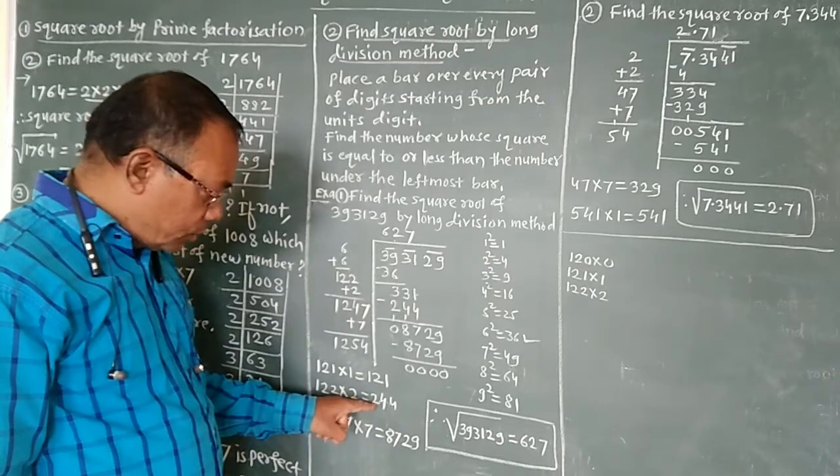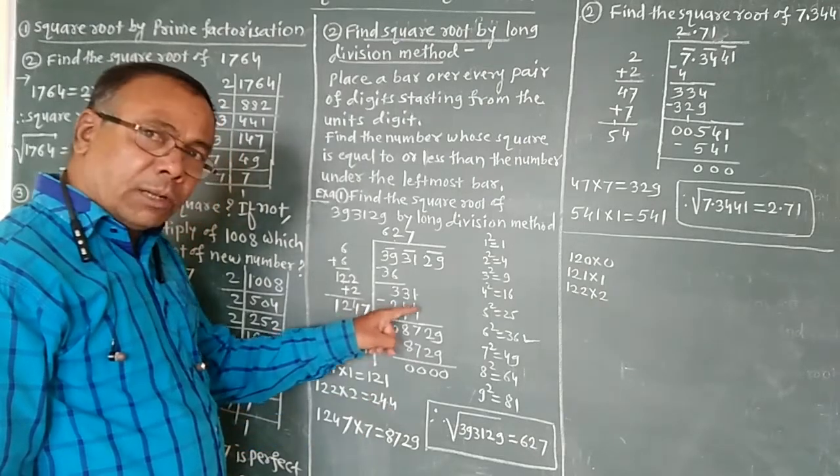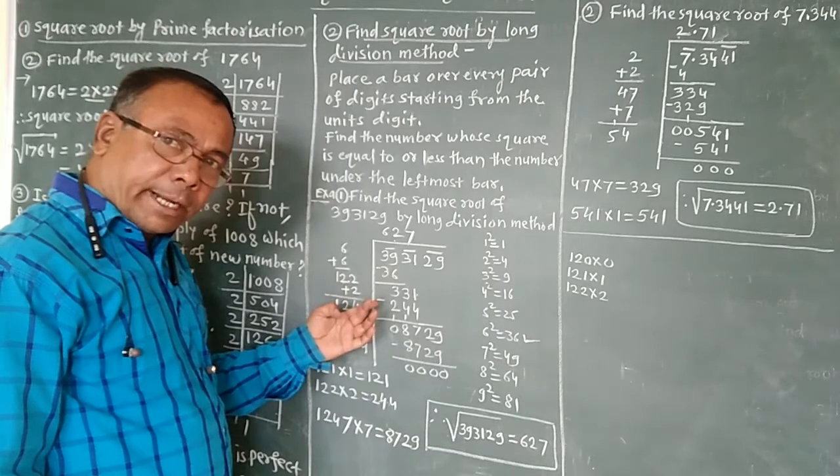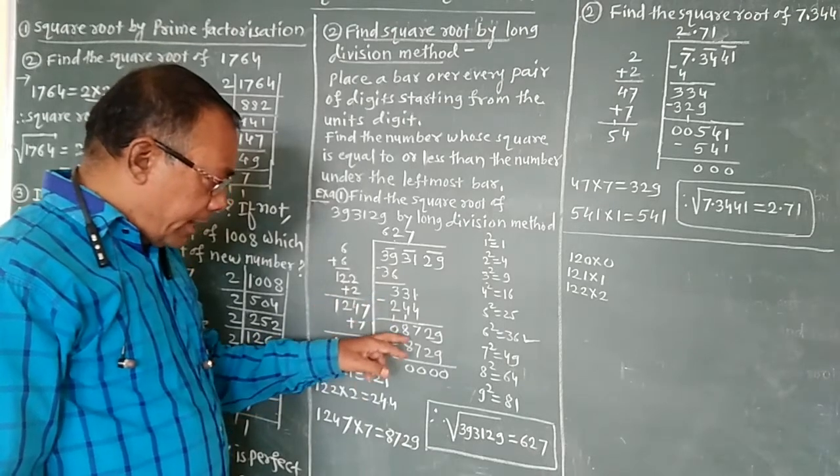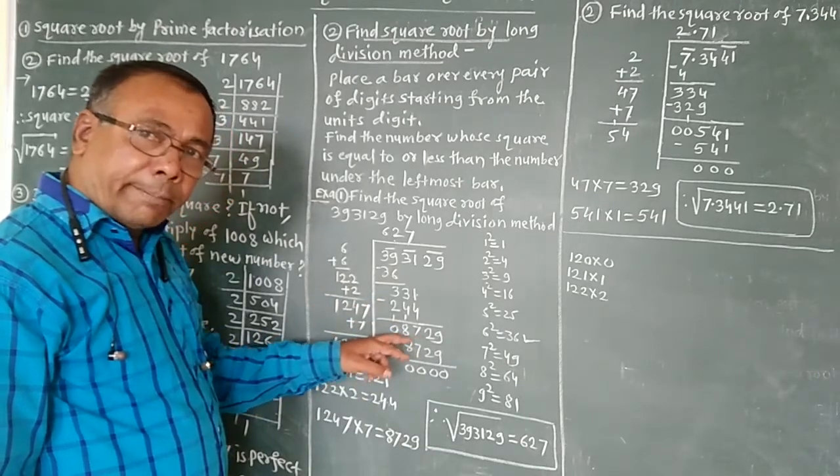So the product is 244. After subtracting, we get 87.